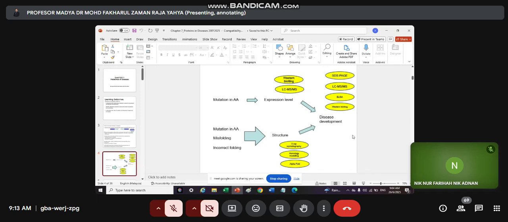Okay. If the disease is already established, we can study the disease development using the same experimental approach, such as SDS-PAGE, SCMS, ELISA, as well as Western blotting experiment.